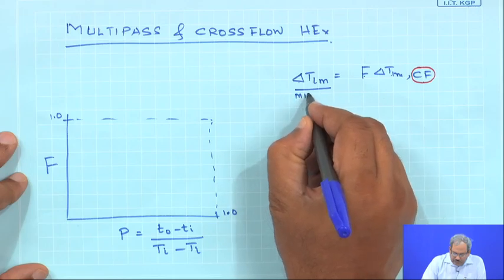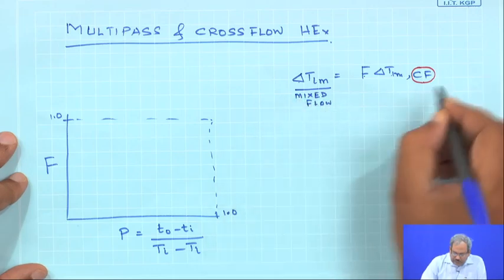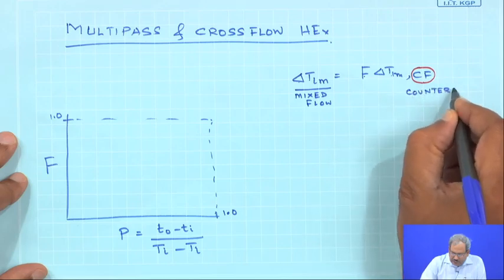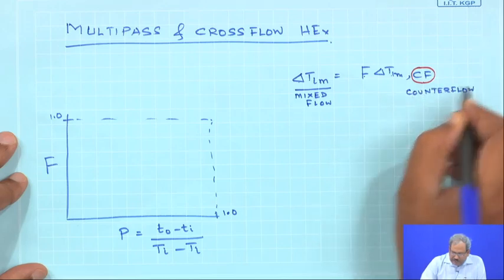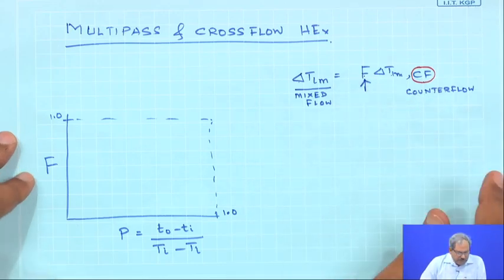So, this is for mixed flow conditions, this is for counter flow, and this F is the correction factor which is to be used for this.